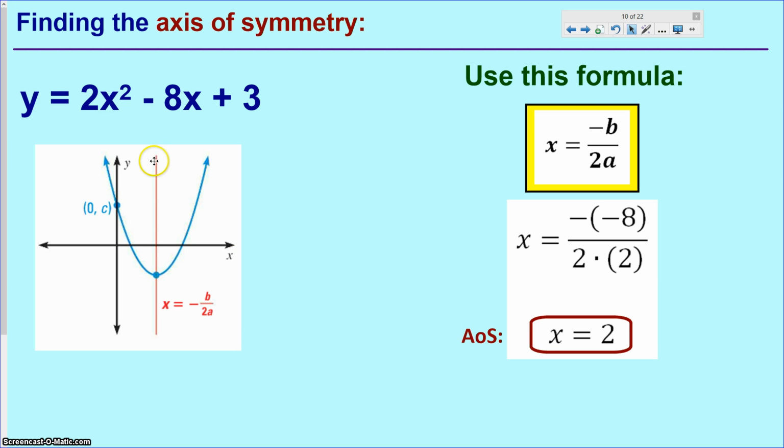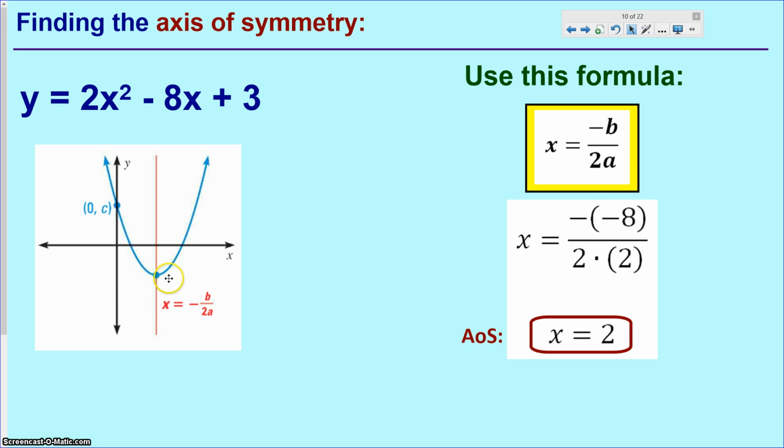Okay, that gave us this line right here, this line that cuts our parabola perfectly in half. Now there's something else that's special on the axis of symmetry, and that is that the vertex occurs on the axis of symmetry. So we would really like to have that vertex. It is also a minimum or a maximum value always. So that is a very, very important point for many applications that we use parabolas for.